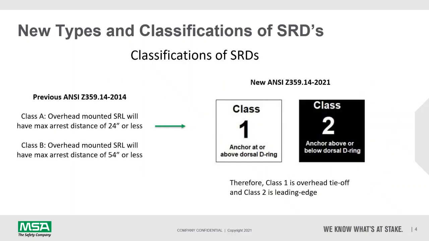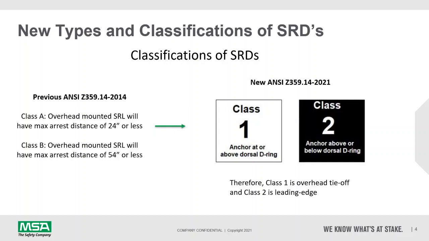The next change that will impact you, and that will be very noticeable, are the SRD classes. So in the 2014 standard, I think everyone is very familiar with Class A and Class B. Class A SRLs were SRLs that had a max arrest distance of 24 inches or less, and Class B were SRLs that have a max arrest distance of 54 inches or less.